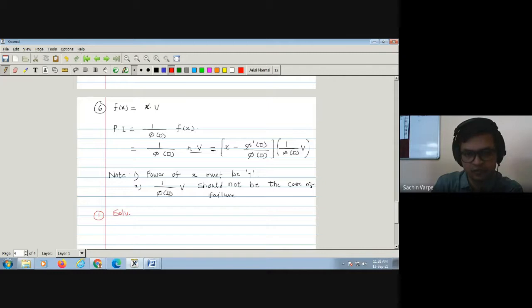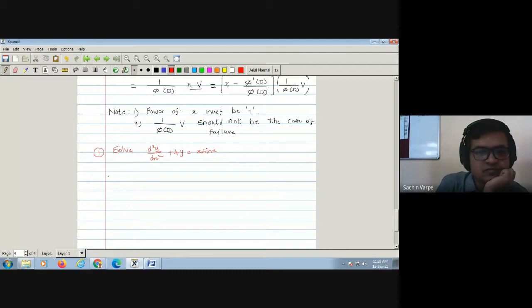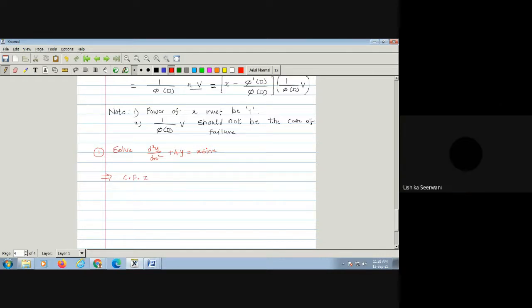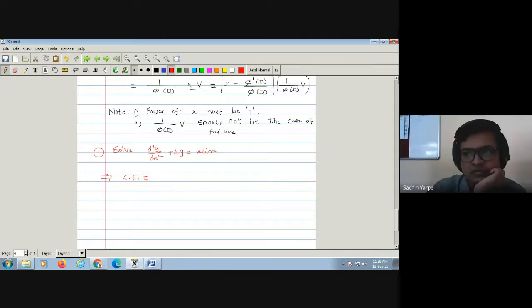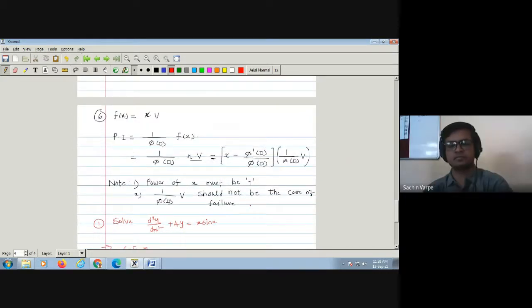Solve d2y by dx square plus 4y is equal to x sin x. So find the complementary function first. So will you please scroll a bit upwards? Upward. Okay. Done, sir. Thank you.